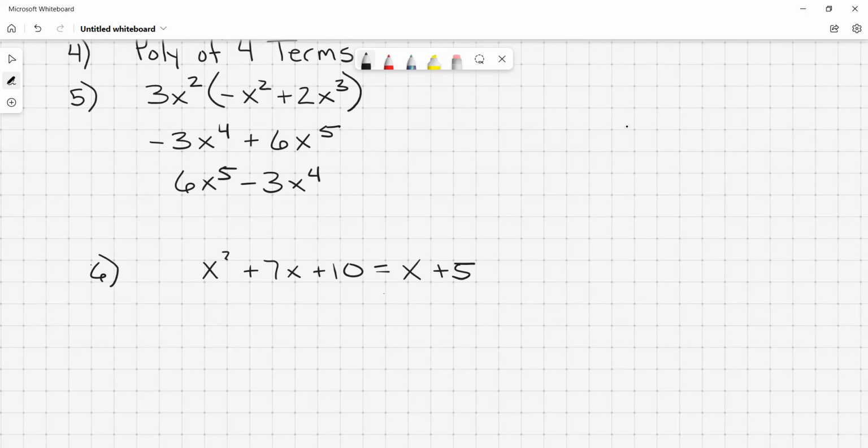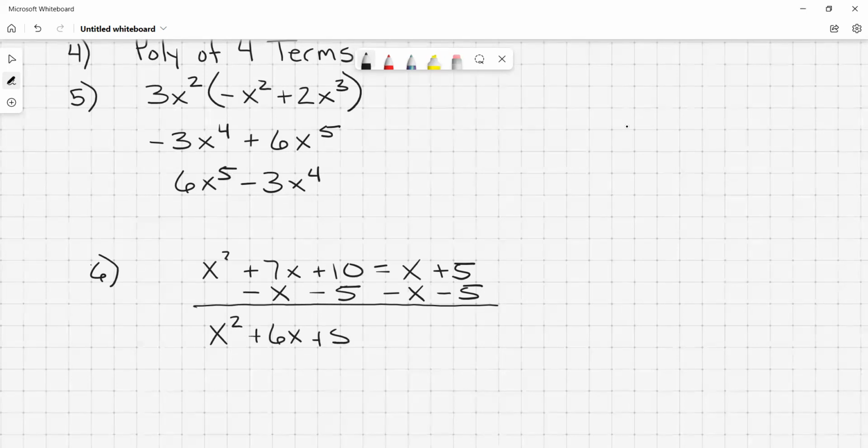You can subtract x and subtract 5 from each side, and on the left-hand side you get x squared plus 6x plus 5 equal to 0.